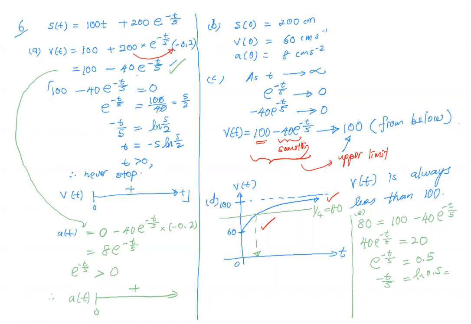If they didn't ask for exact value, it's fine. You just use your calculator and get the answer. If the question asks for the exact value of the time, then this method will not be good. So how will I do it? If the question asks for exact, I will write this as 1/2, so the negative power for e, I will write it like that.